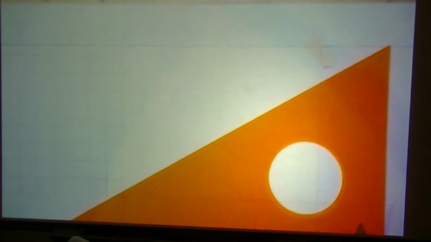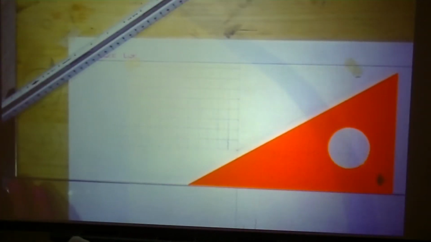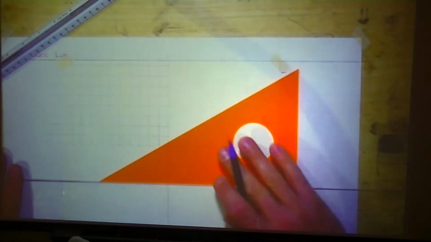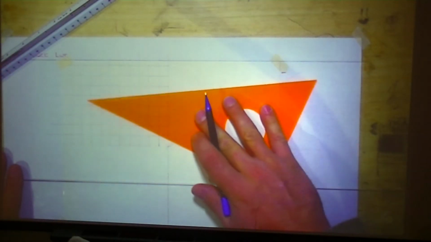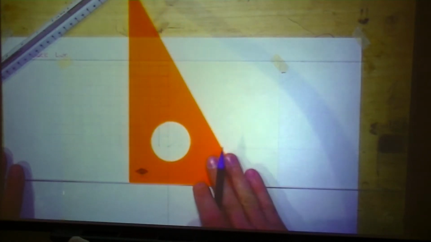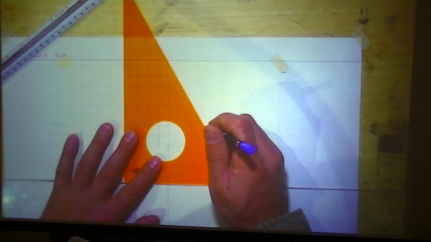So what we have to do is create a perpendicular bisector by taking our 30-degree triangle, making sure we're lined up on the edge of the t-square, and rotating it clockwise to the 60, or in this case 120.